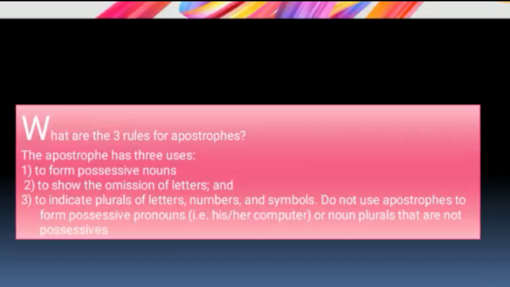We should not use apostrophes to form possessive pronouns, for example, his computer, her computer, not his' computer, hers' computer. We cannot use the possessive apostrophe in possessive pronouns, or in noun plurals that are not possessive. These are the three rules. With the help of these, we can form the apostrophe.